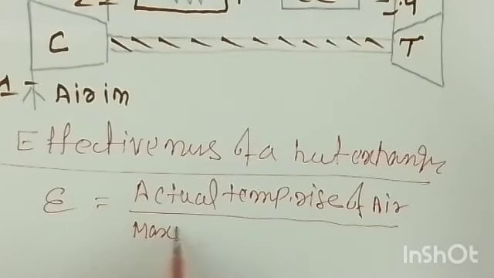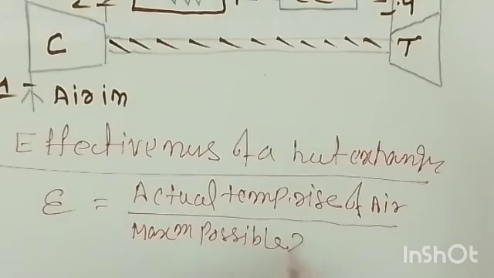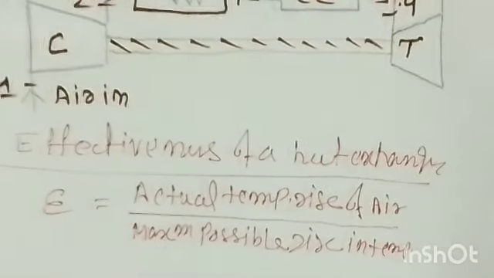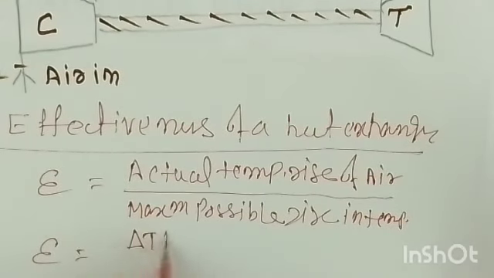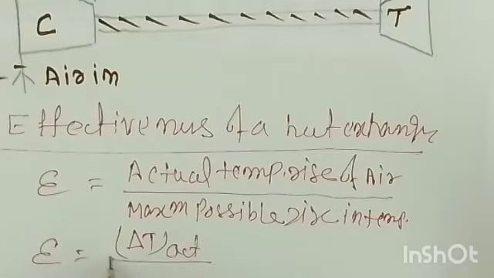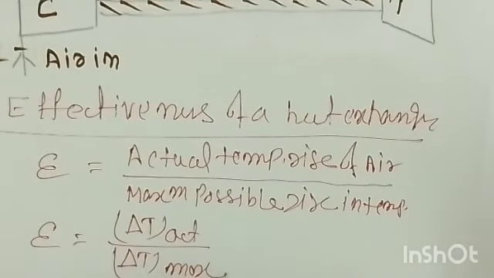So the maximum possible rise in temperature, right? So effectiveness is equal to delta T actual by delta T maximum, right?